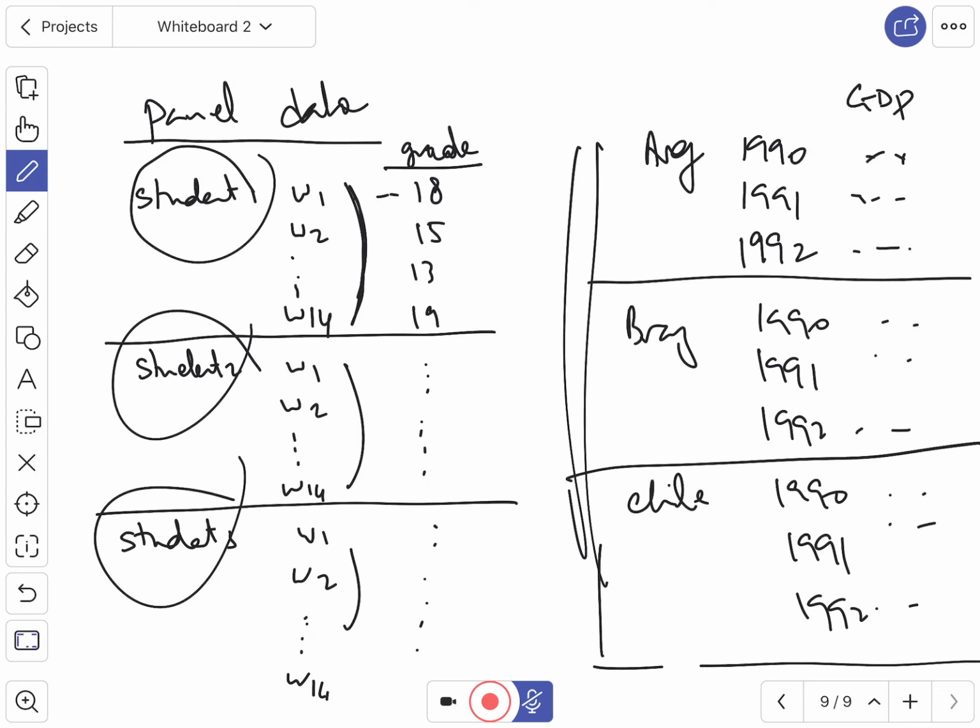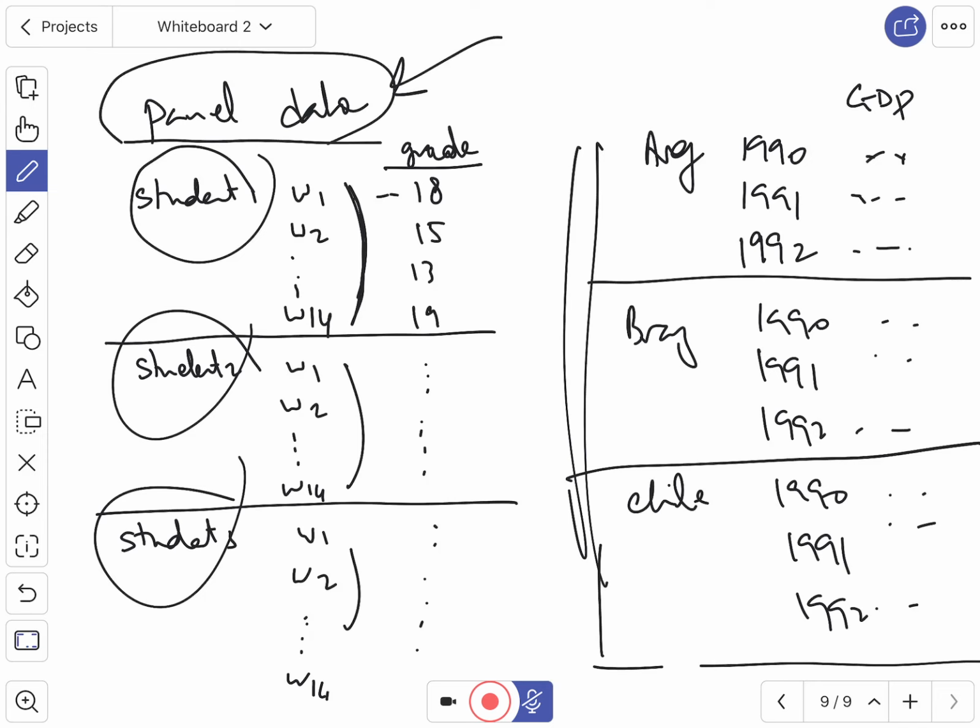Panel data is the best kind of data because, as you know, you actually want to get as much information as possible. When I talk about cross-sectional data, I'm just talking about a group of students at a single point in time. When I talk about time series, I'm just talking about one student over time.